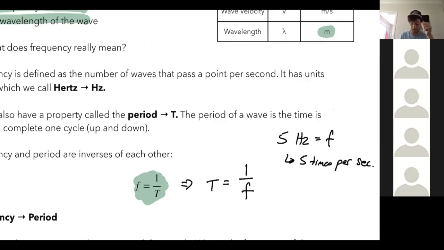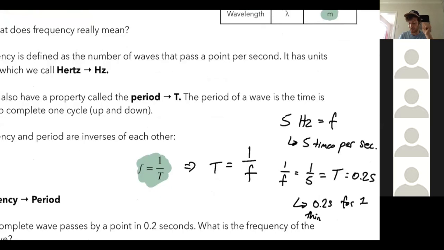The period is 1 over the frequency, which is 1/5. So that is 0.2 seconds. And what that means is that it takes 0.2 seconds for one thing to happen. Because frequency and period don't necessarily have to relate to waves always, right?